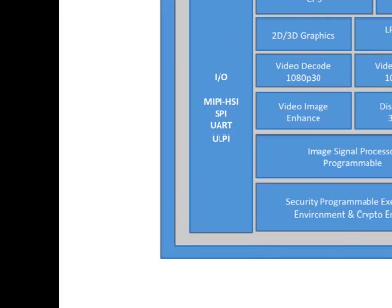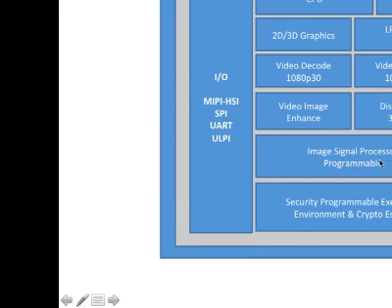Here is an example system on chip design. This is the Intel Atom Z2580 chip. As you can see, this is the functional diagram of the chip. In this chip, we have CPU cores, and in this case, it's an x86 core. And we have caches for supporting the core. In addition to those, we have different coprocessors, for example, 2D, 3D graphics, video decoding, video image enhancement, and video encoding.